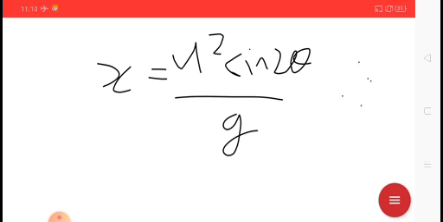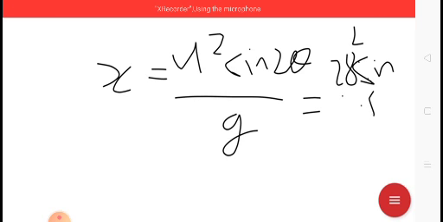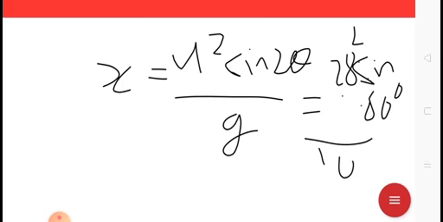If we give you this, we directly compare, and you should be able to get the answer. So for the first stone, you have the speed of 28 at an angle of 40. The range will be equal to 28 square sine 80 over 10.